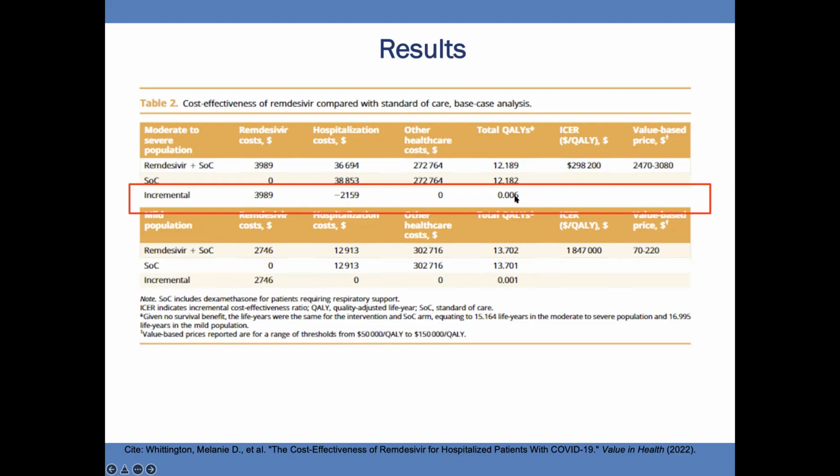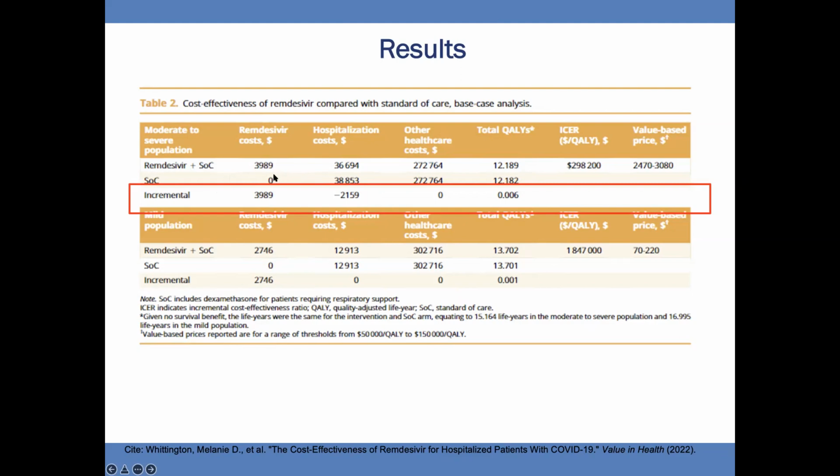It also increases your quality of life a little bit. Here you have remdesivir plus SOC. SOC means standard of care. This is your intervention, and SOC is your comparison strategy.